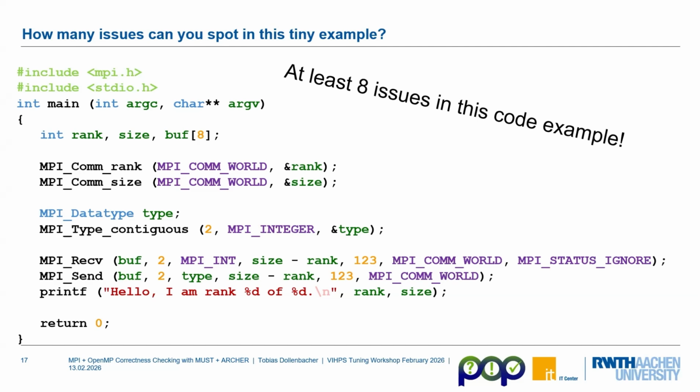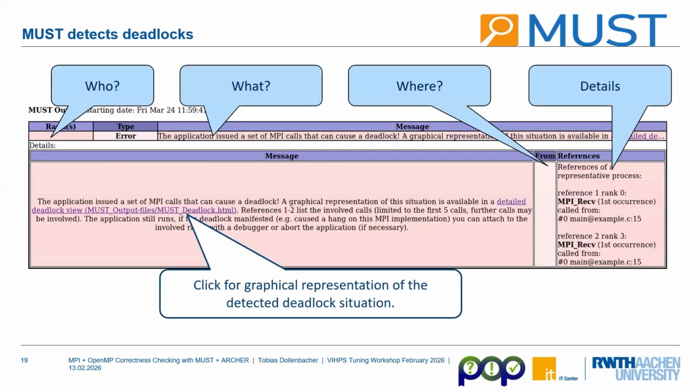Then the receive and the send both access the same buffer without an offset, so the receive tries to write into the buffer, the send tries to read a value from the buffer, and that's the race that is reported there.